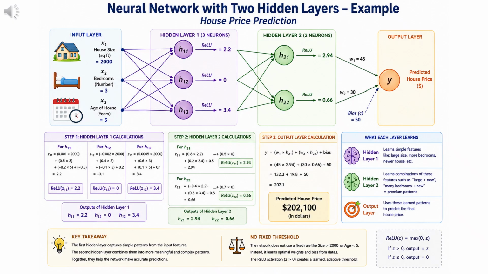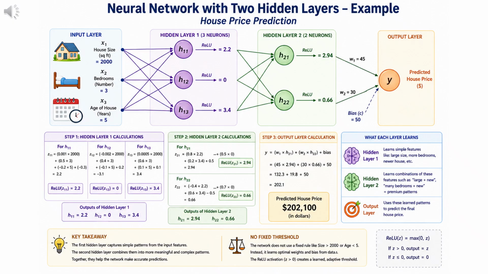The second hidden layer is not working directly with the house size, bedrooms, or age. Instead, it combines the patterns already learned by the first hidden layer to discover more meaningful relationships. For example, the first hidden layer may learn simple concepts such as large house, more bedrooms, newer property.